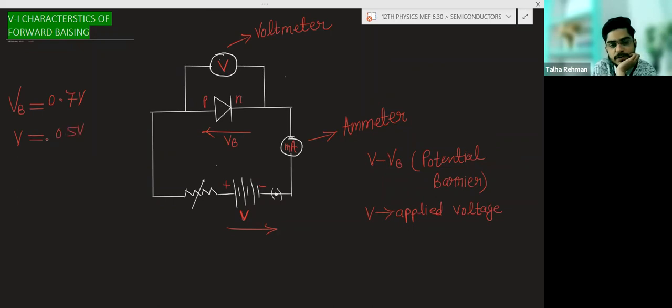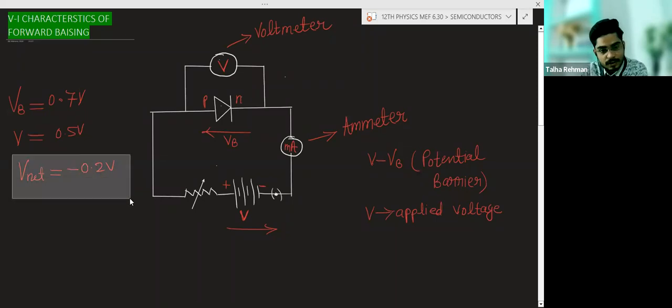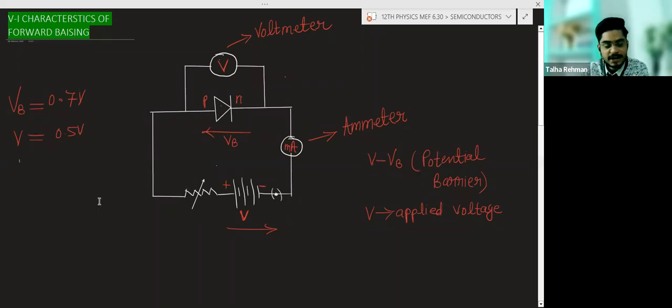So the net voltage will be V minus VB. If you take the magnitude, the net will come out to be minus 0.2 volt, so 0.2 volt it will come out. So now also there will be some potential barrier, and less current will be there.